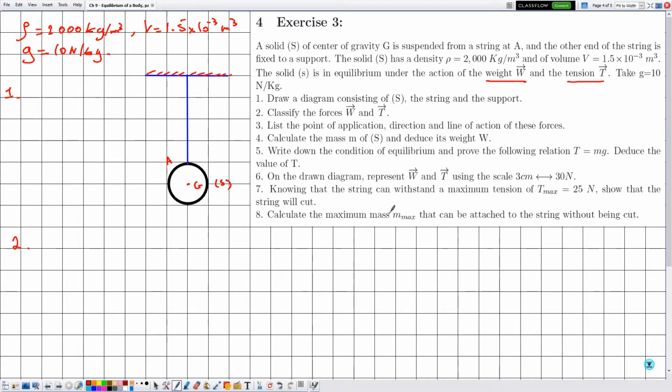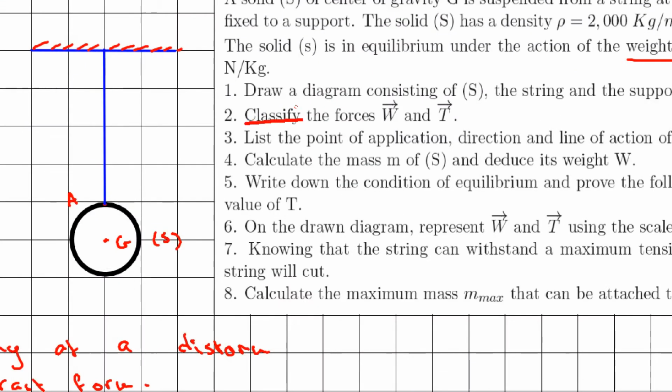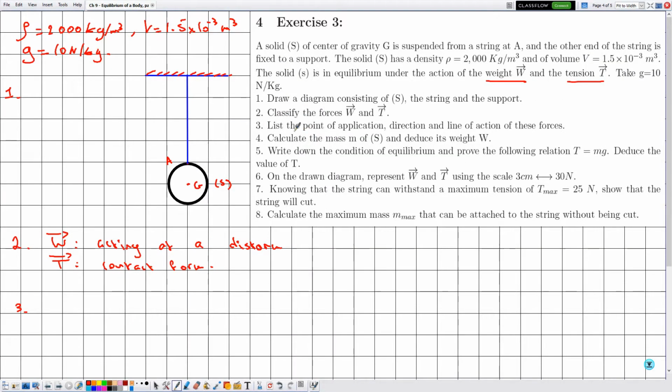We know that the only 3 forces that act at a distance are the weight, the electric, and the magnetic, and all other forces are contact forces, and in particular the tension T. So the weight is acting at a distance, and all other forces are contact forces, and in particular the tension T. So always the classification is to specify whether the force is acting at a distance or a contact force.